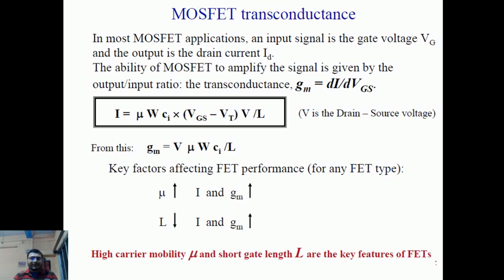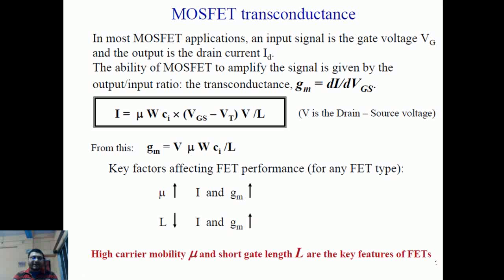So the key factors affecting FET performance: what is the impact if the mobility mu is increased? Id and Gm will also increase. If L is decreased, then Id and Gm will also increase.